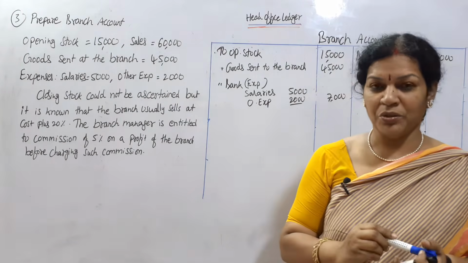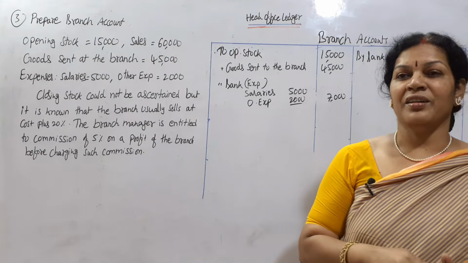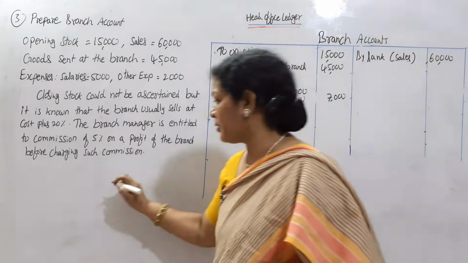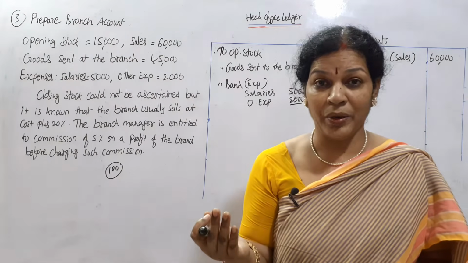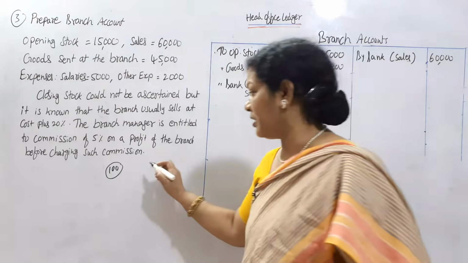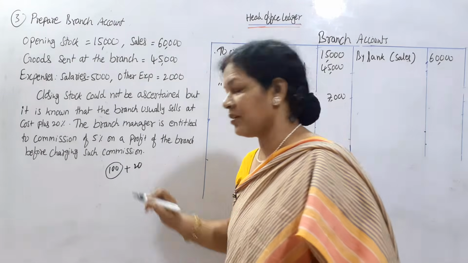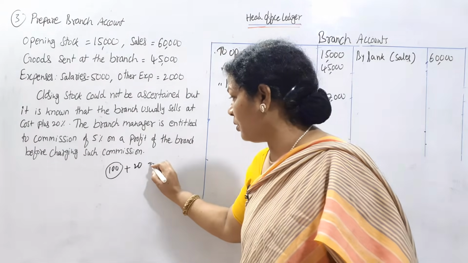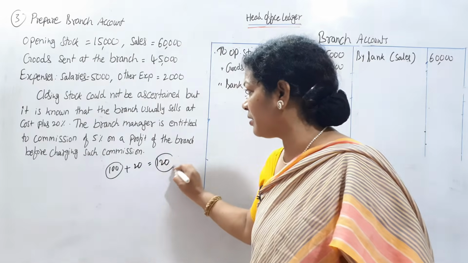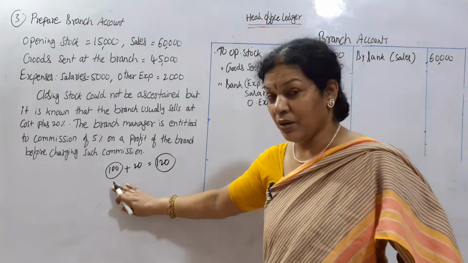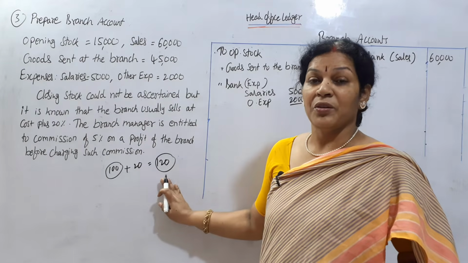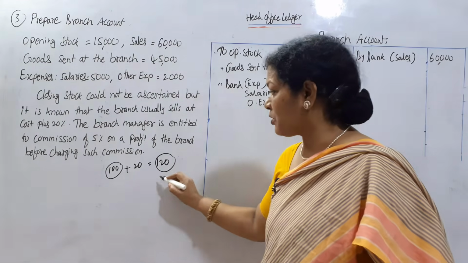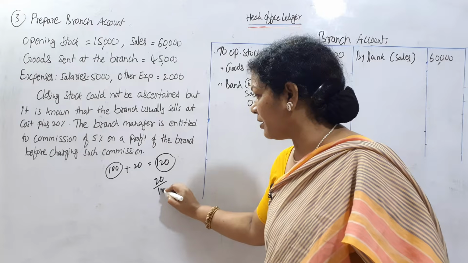Cost plus means, suppose the cost is 100 rupees. If I add cost plus 20, it comes to 120. Now when we want to calculate, it comes 20 by 120.